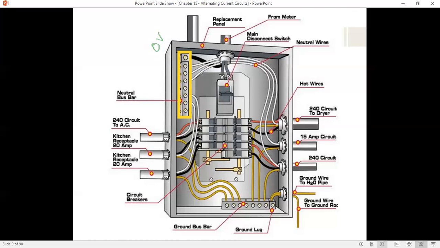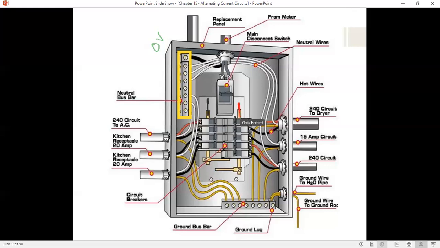We also have 2 bars. We have this conductive bar right here, which carries one of the hots, and another conductive bar right here, which carries the other hot.